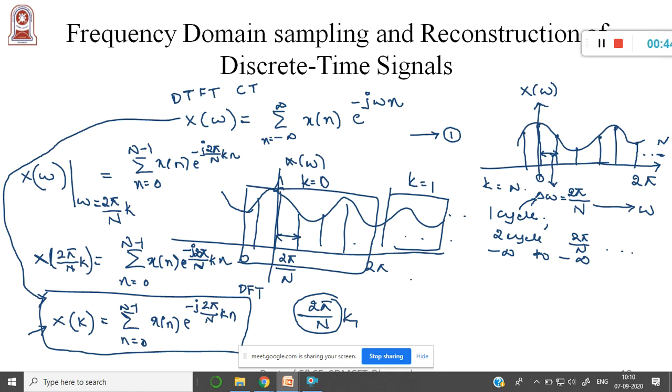We took a sampled version and there is a summation. What should it be? Guys, quick. Are you there? Discrete.